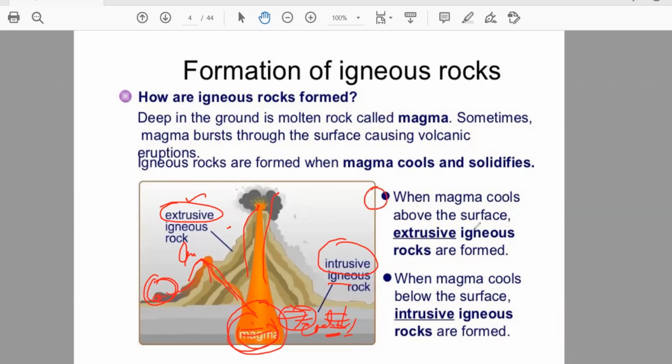When magma cools above the surface, extrusive igneous rocks form. When magma cools below the surface, intrusive igneous rocks are formed. So this is the main difference between them. If an exam question comes asking what is the difference between intrusive and extrusive igneous rocks, I hope you can do this one.